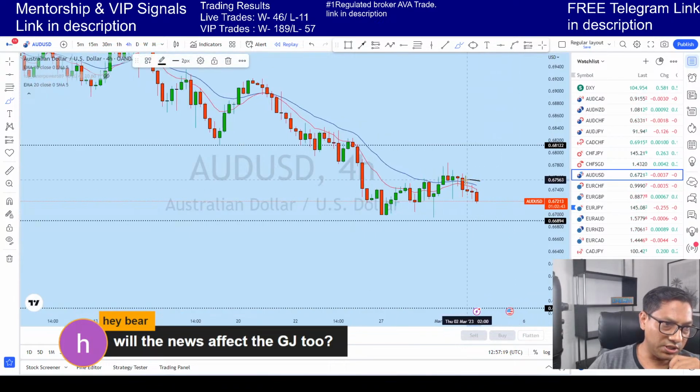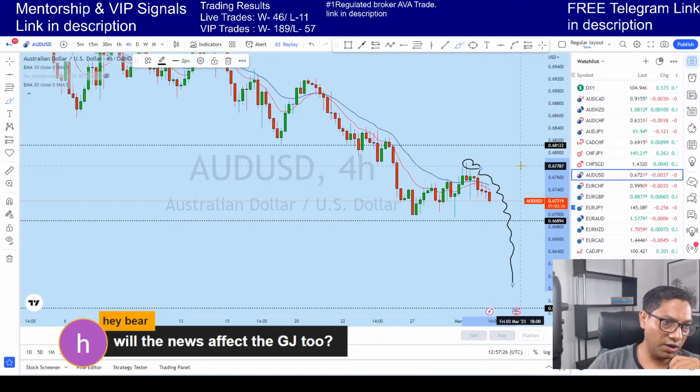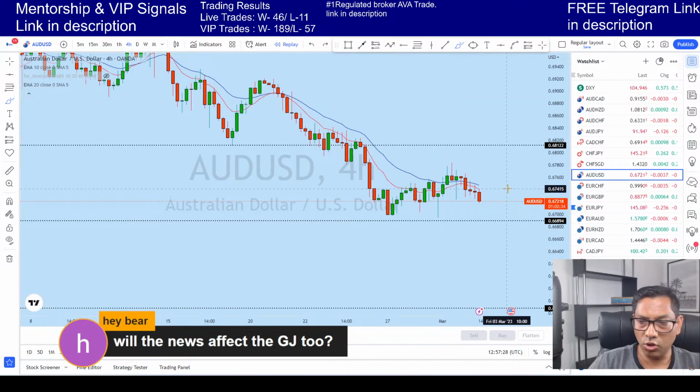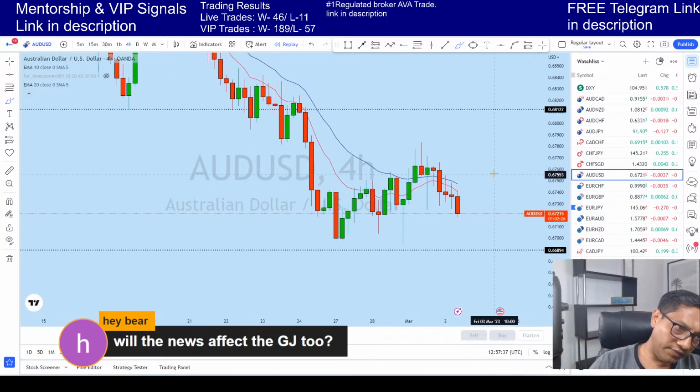Because when you see this kind of double bottoms, multiple liquidity grabs are basically preparation for a bigger move. So from this lower time frame, we see that AUD/USD is forming a reversal or a stronger bearish price action.